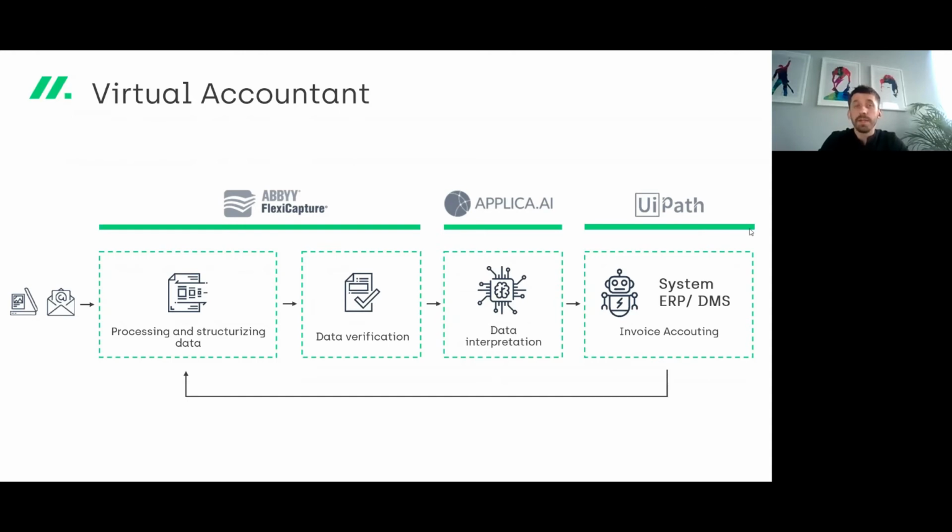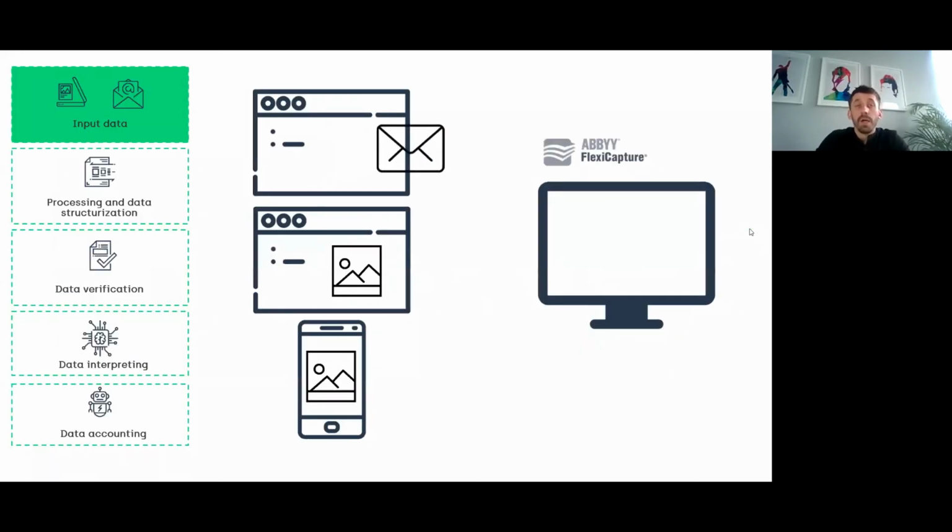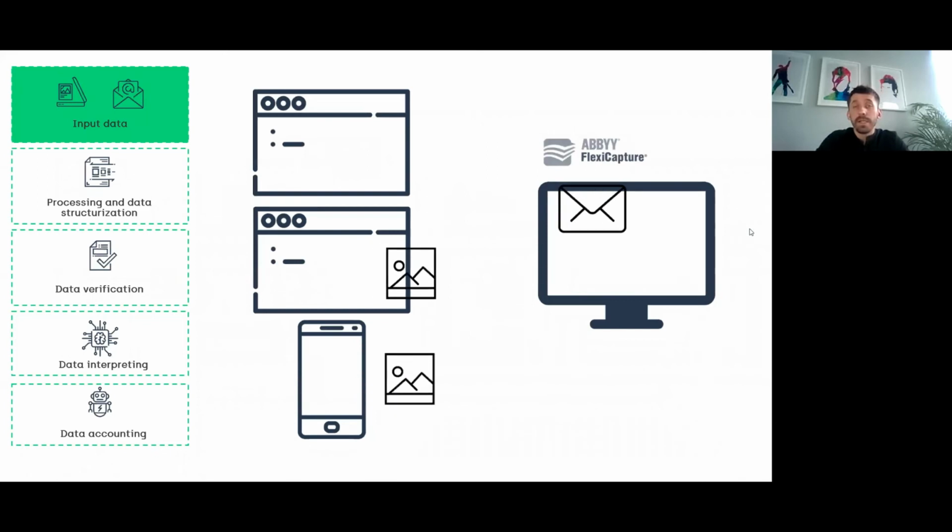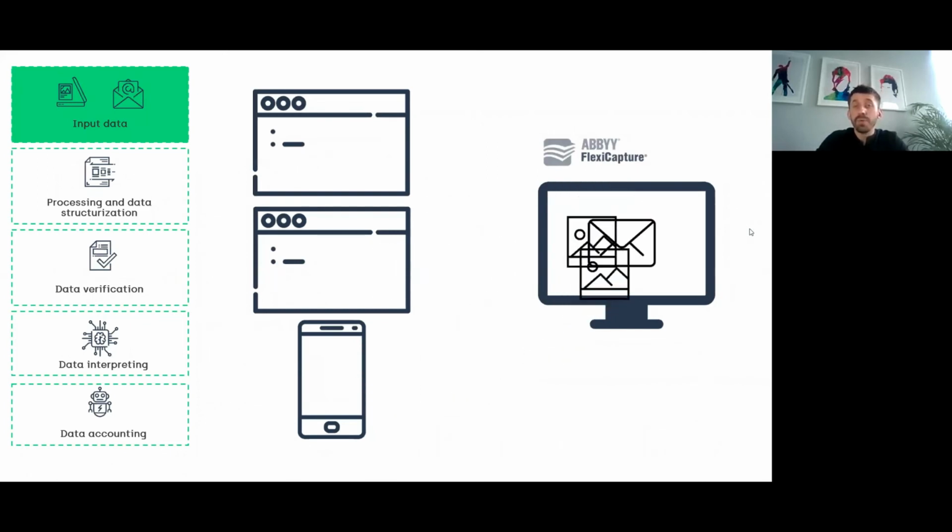The next step is data verification. The next step is data interpretation using machine learning models, and the last step is invoice accounting using the robot. The robot is working as a manager of all those steps.